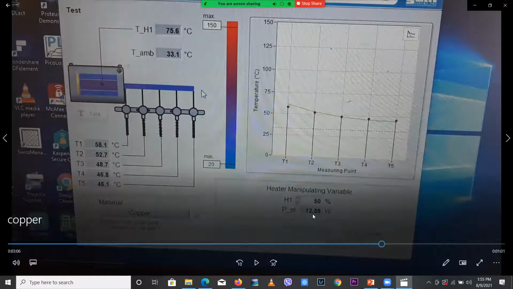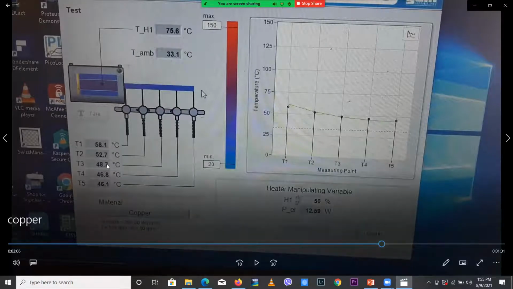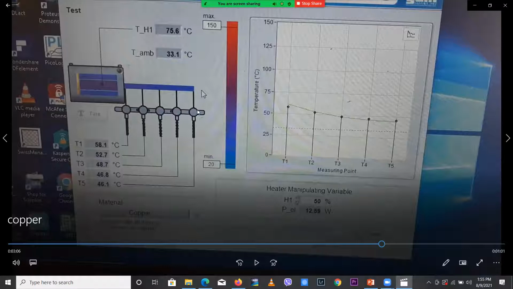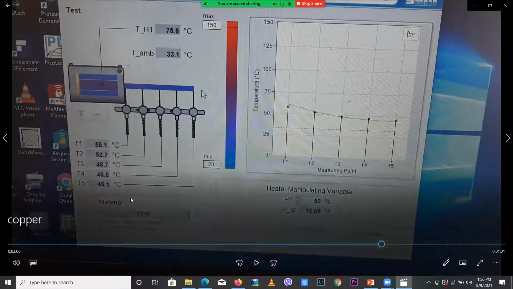But you are just asked to draw the temperature curve, so you only need to know the temperatures and the place. I already marked and typed them into the observation table, so I will show it later. Here, when it came to about 150, I stopped and marked it.